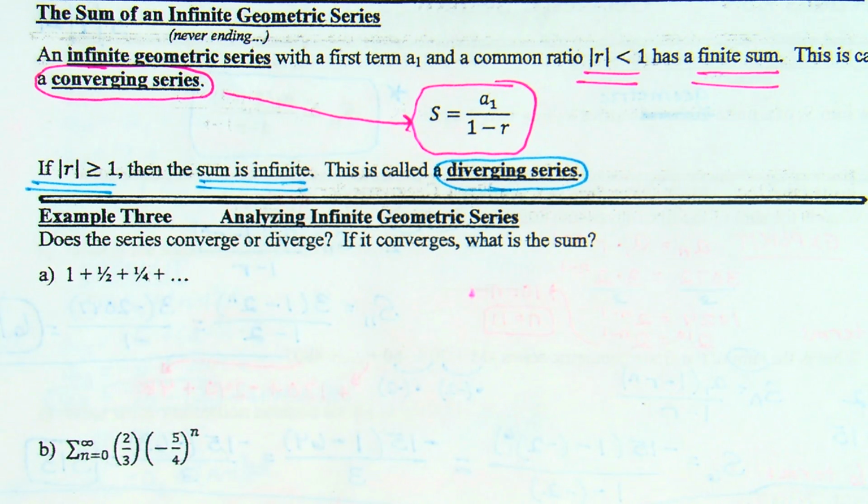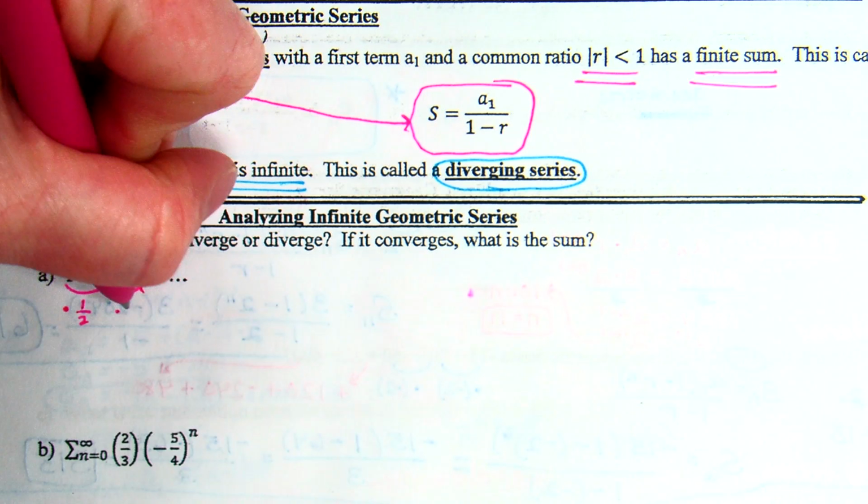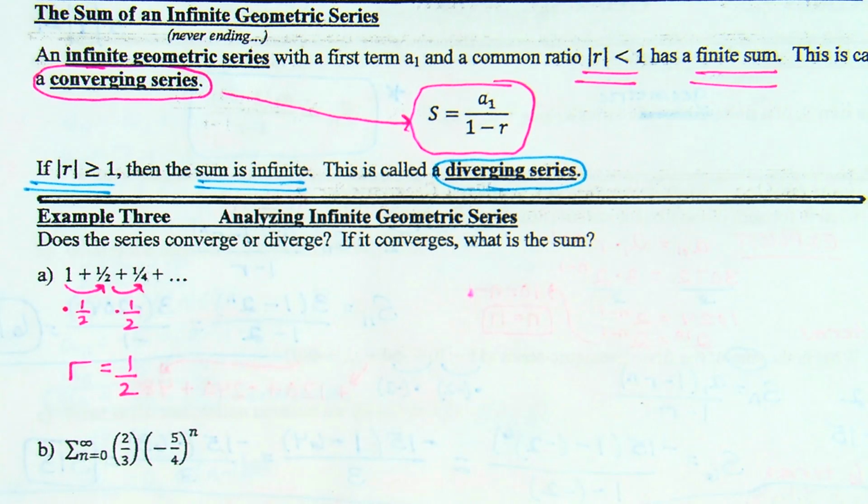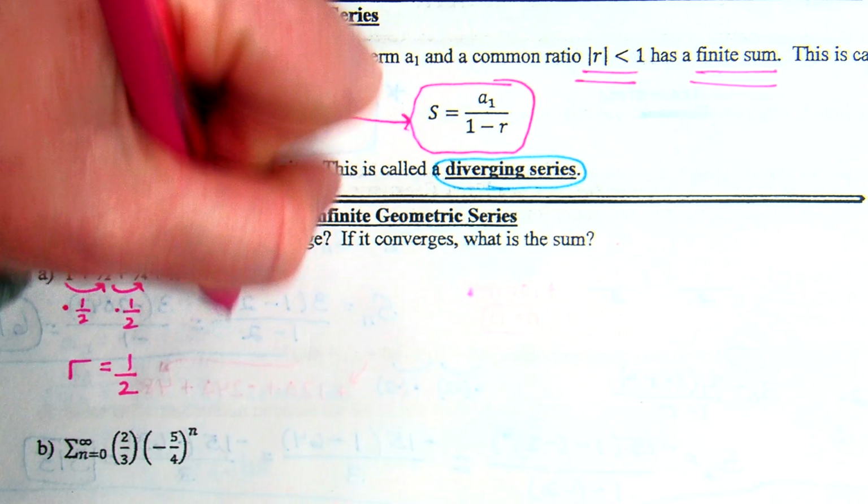What do you know about the number 1/2 in relation to 1? Okay, so this falls into the category of the absolute value of r is less than 1, correct? And that's because the absolute value of 1/2 is less than 1, which, this is a positive r, absolute value really doesn't mean anything. But here's the deal. 1/2 is less than 1.